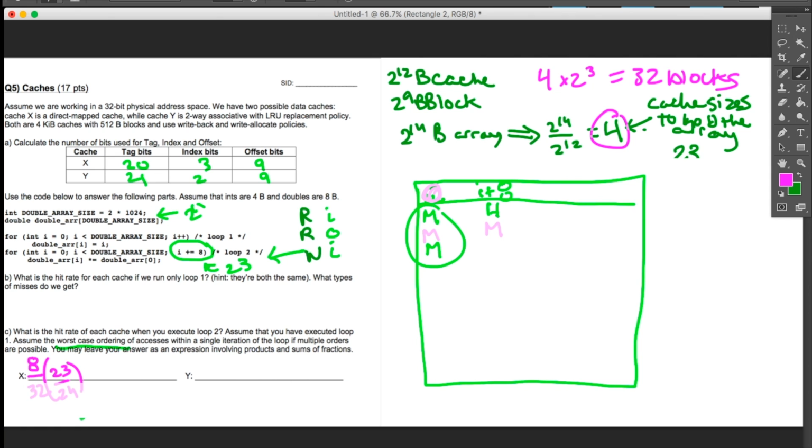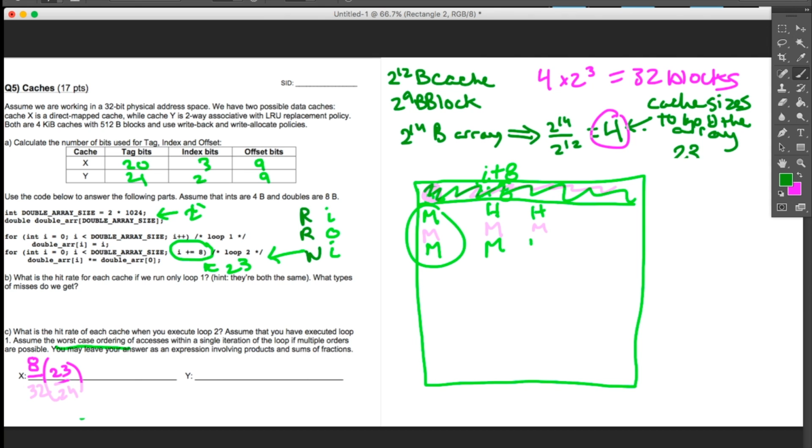Now we try to access I plus 8 again, and this time we're writing. Notice I plus 8 is no longer there. We just loaded in the 0 block. So now we have to replace the 0 block with a block that has I plus 8. So now we have a miss. But when we try to access I plus 16, that's in the same block, that's a hit. Then we try to access the block that has 0, that's a miss, and so on.